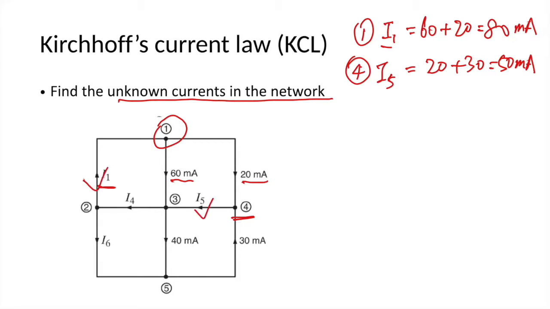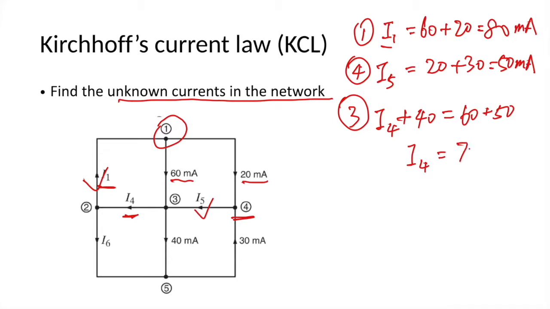How about calculating I4 for node 3? I4 is leaving node 3, and this 40 is also leaving. The leaving equals entering, so that is 60 plus I5. I5 is 50, so we get I4 equals 70 milliampere. Finally, we calculate I6 for node 2.